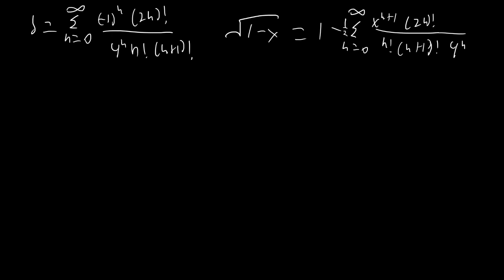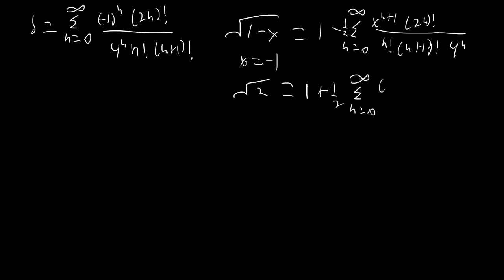So you may notice if we plug in x equals -1, we will get square root 2 on this side, and then we'll get 1, and instead of minus, we'll get plus, because this n plus 1, so x to the 1 is just -1, times the sum from n equals 0 to infinity.